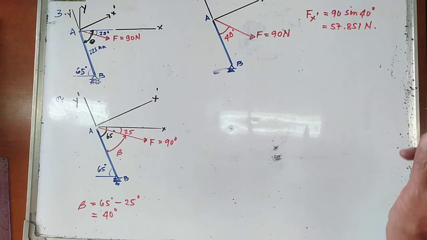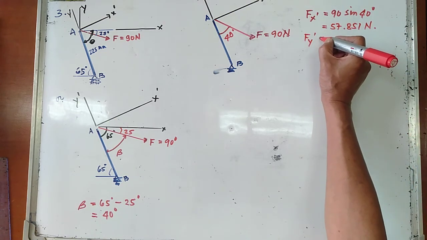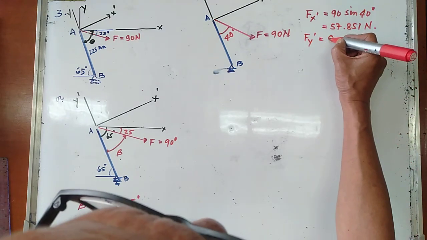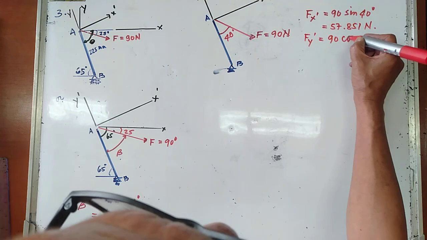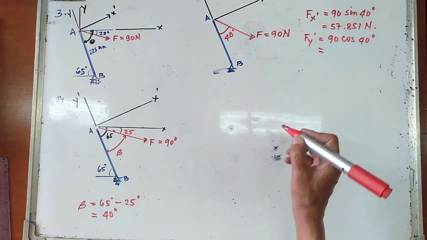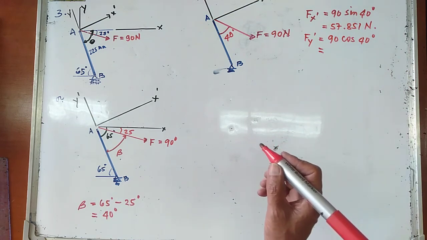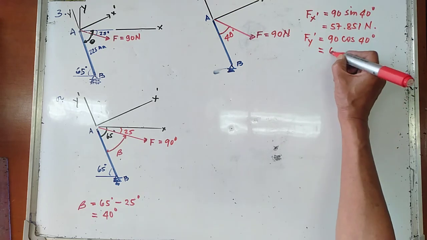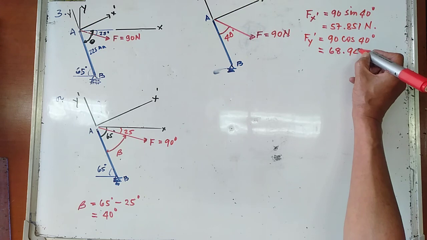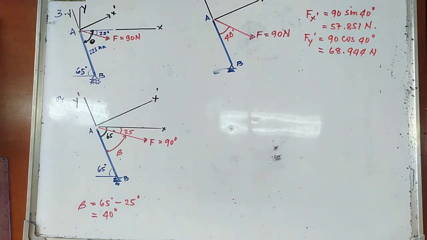And then your Fy prime is equal to 90 cosine of 40 degrees, which is equal to 68.944 newtons.